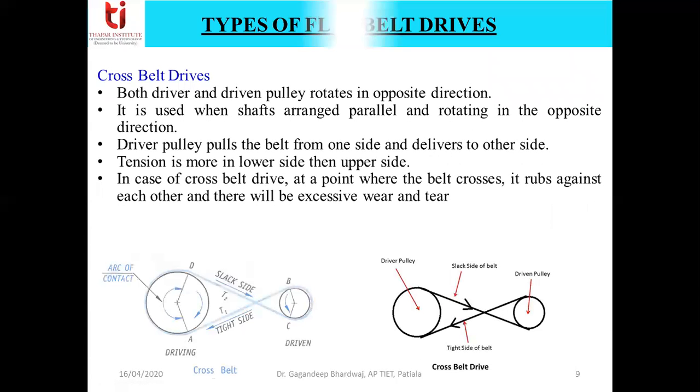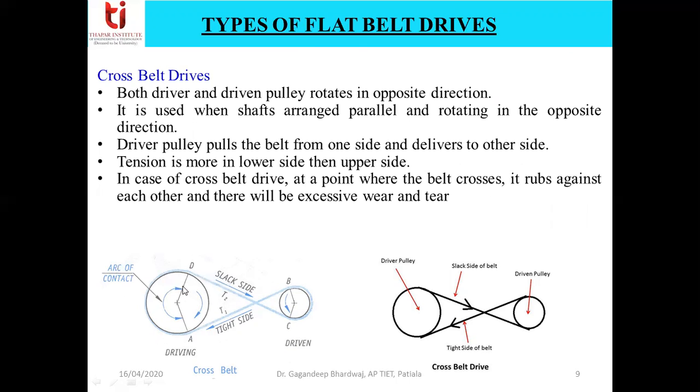Next type of belt drive is known as the cross belt drive. In case of cross belt drive, the angle of wrap is more. The belt proceeds from the top of one pulley to the bottom of another and crosses over itself.